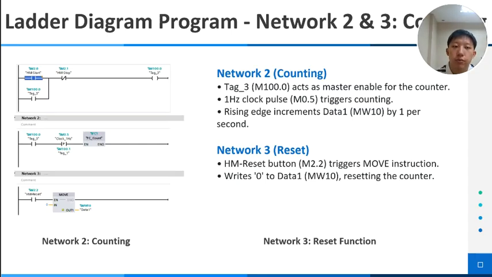This data1 variable holds our 4-digit number. Network 3 is the reset function. When the reset button on the HMI is pressed, a move instruction sets the value of data1 back to 0, resetting our counter.